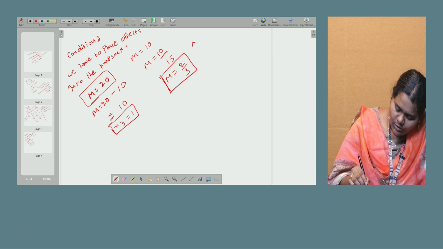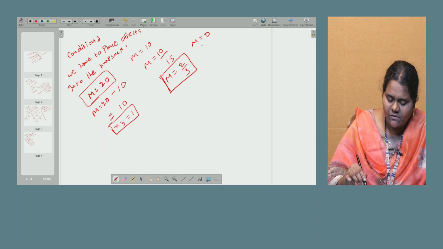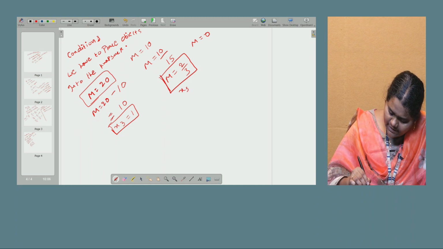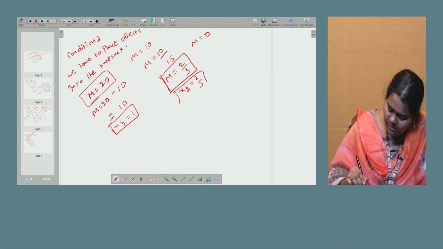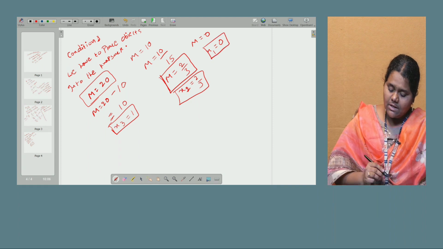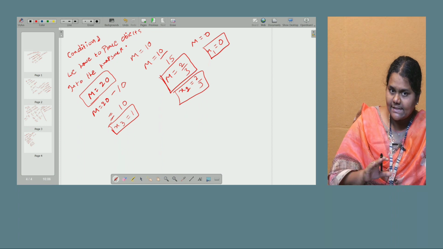It's 0, so M is equal to 0. So no space for object 1. So x3 is equal to 1, x2 is equal to 2 by 3, and x1 is equal to 0. Now placing the objects into the knapsack is completed.